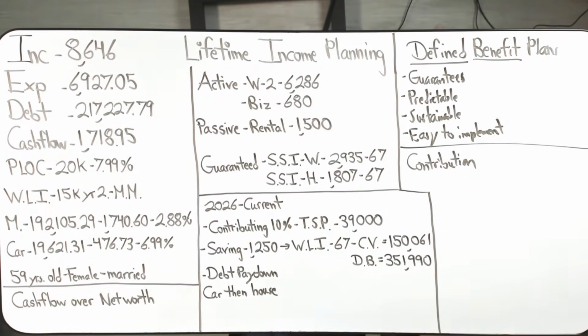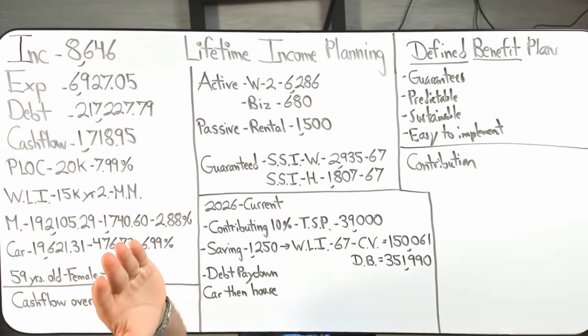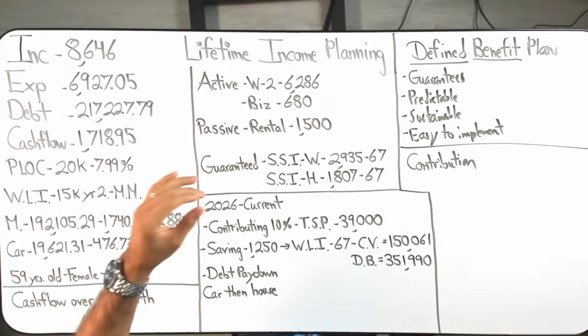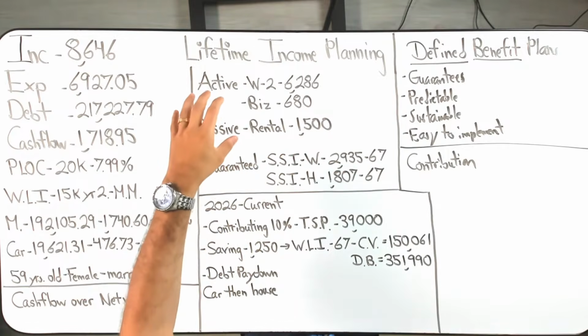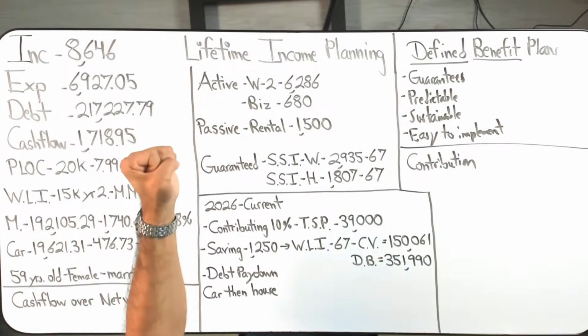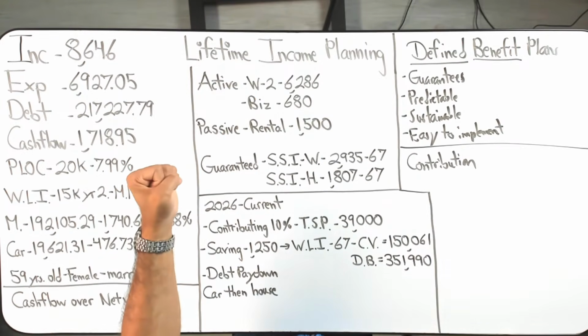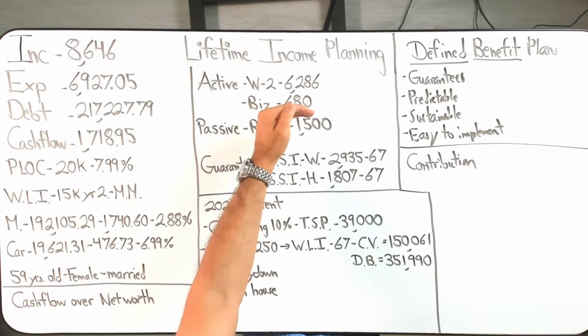I'm forgetting the exact title, a psychologist, I believe. And she does a specific type of therapy for a specific type of people in her practice. She's been doing that for many years, crafted that skill, gets paid for it via W-2, and then also built this business off to the side.